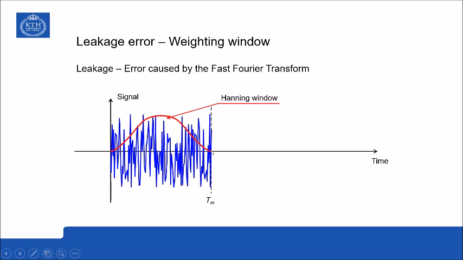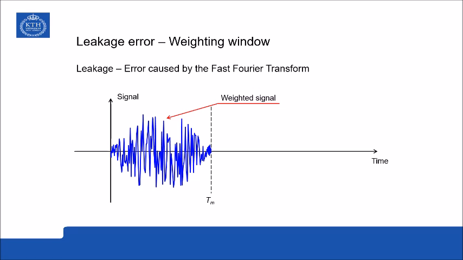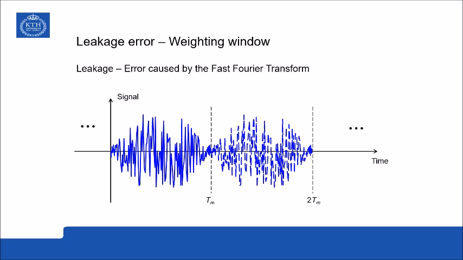So if you multiply this window with the original signal, then we will have no discontinuity at all when we periodically extend this signal. So this is the weighted signal, and this is the continued signal.